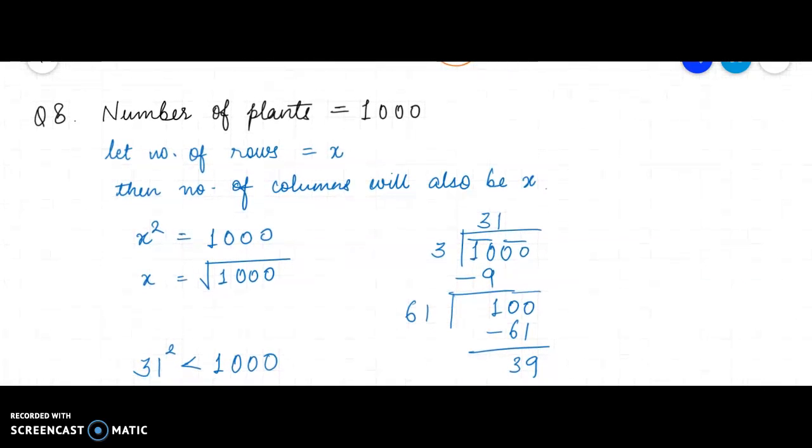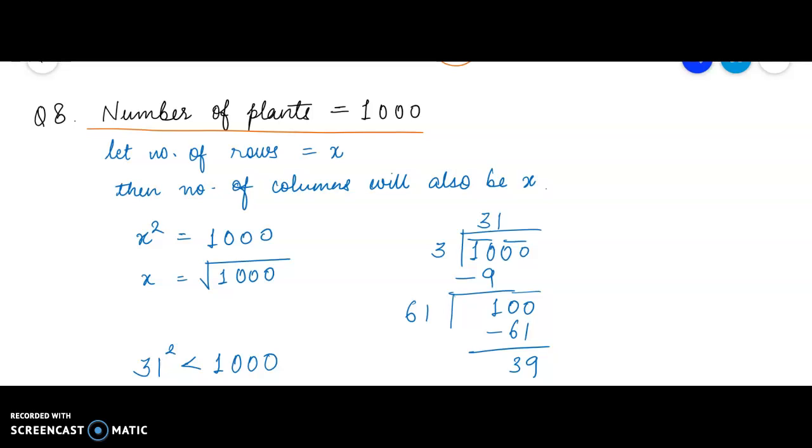Moving on to question number 8. It says that a gardener has 1000 plants. So the number of plants with the gardener is 1000, and he wants to plant these in such a way that the number of rows and number of columns are the same. Find the minimum number of plants he needs more for this.